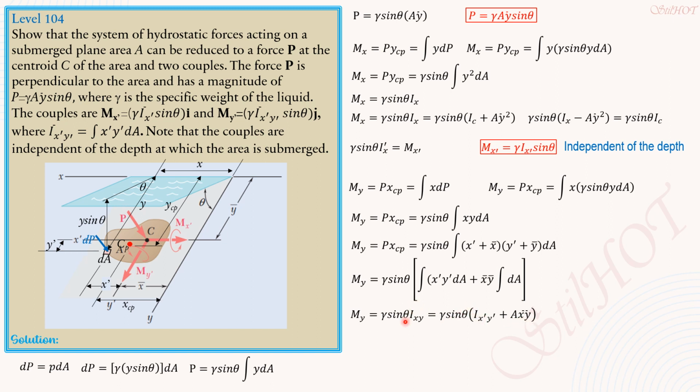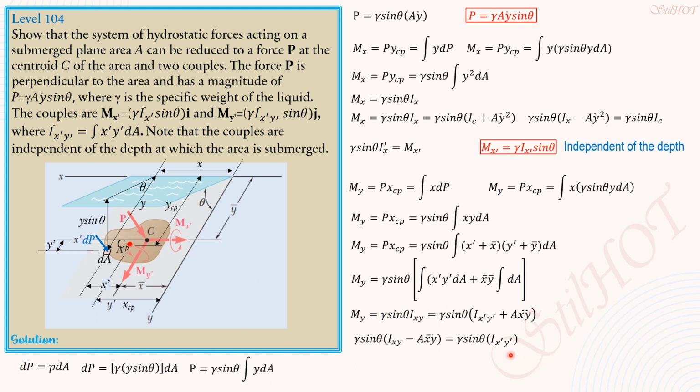So if we cancel this and put Ix prime y prime equals Ixy minus area barred x barred y, the result would be My prime, the moment about the centroidal axis. So gamma sine theta times the quantity Ixy minus area barred x barred y is simply the moment of inertia with respect to the centroidal x prime y prime axis.